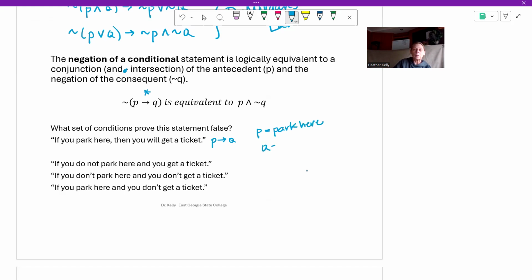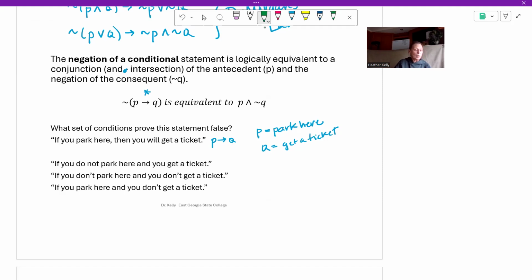And Q is get a ticket. Okay. So let's translate each one of these into their symbols, and then we can see which one will make this false.